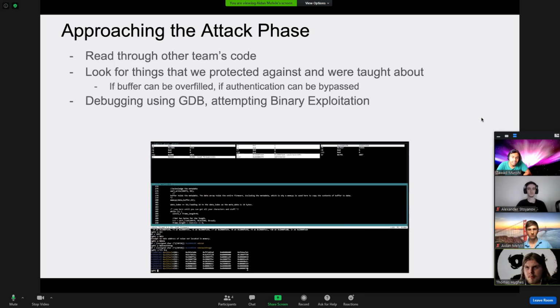Most of these attacks we were taught about and we were told to consider when designing. For example, if the buffer can be overfilled, there's a very good chance that we could bypass the authentication and skip the encryption altogether. And a tool we found useful in finding these exploits was GDB, and here is an example of that.